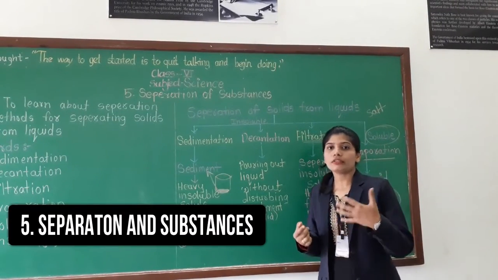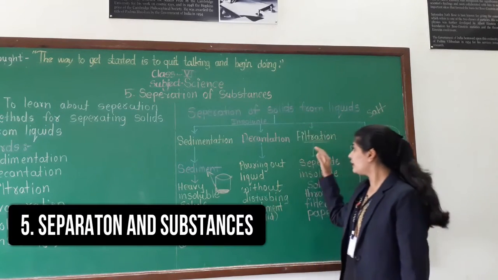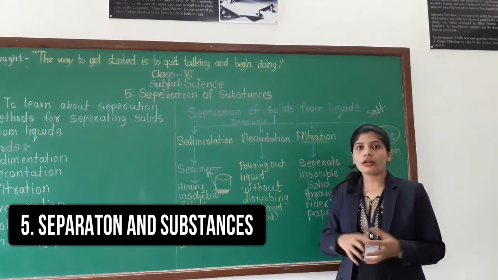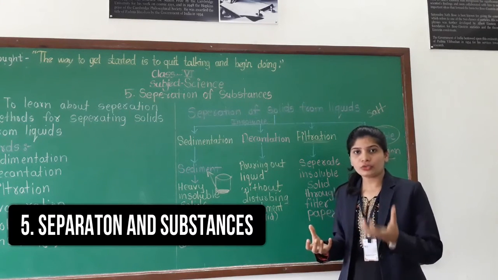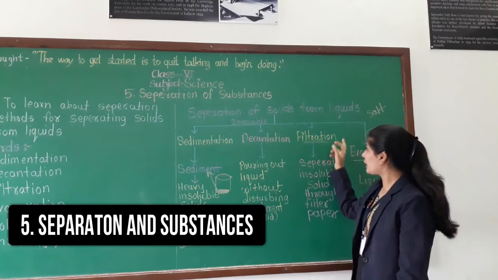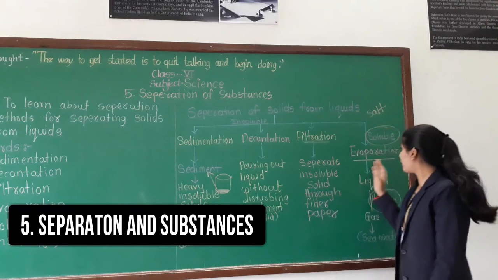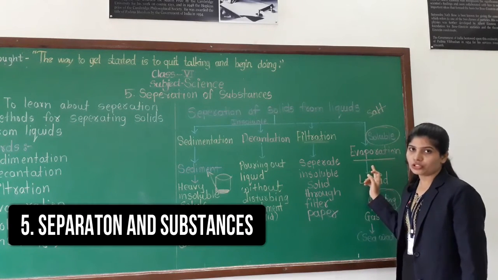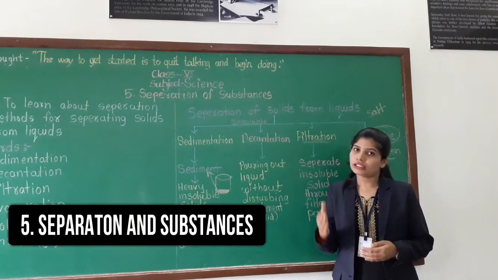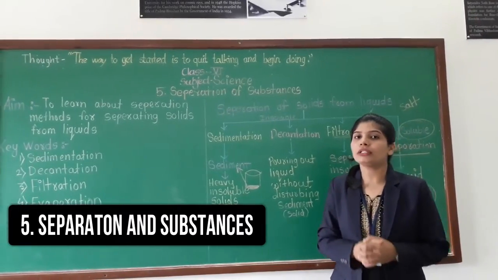Juices are also filtered to remove solid waste or seeds. In fruits, seeds are there and we have to remove them, so we remove them by the filtration process. And last we learned about evaporation, where liquid is converted into gas after heating, and that principle we use for getting our common salt.